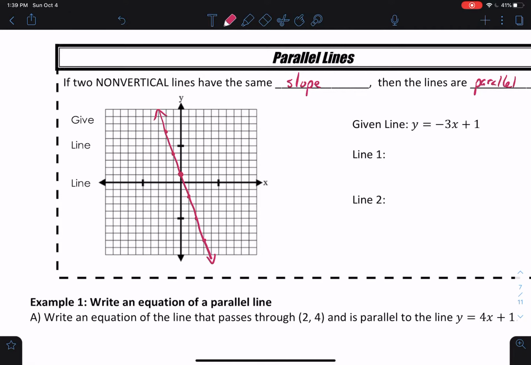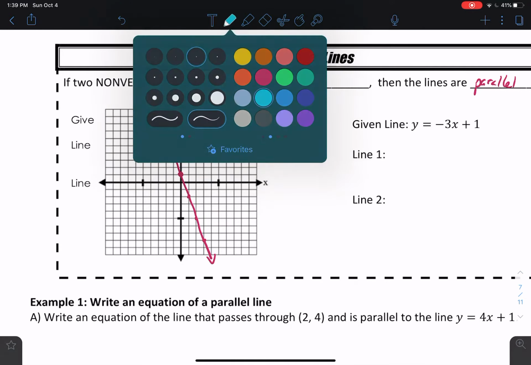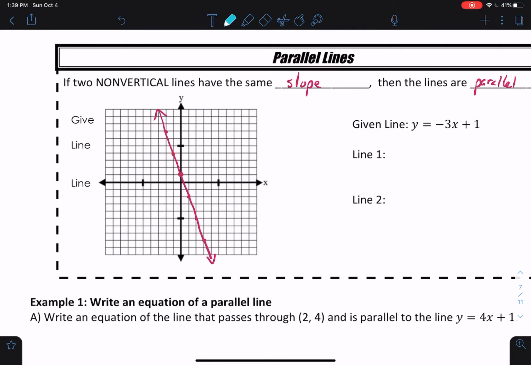If I wanted to create an equation for a line that is parallel to that, well, f of x or y equals, either one. So f of x equals, it has to have the same slope, but it's going to have a different y-intercept. I'm just going to do minus 7. So start at negative 7, go down 3 to the right 1.